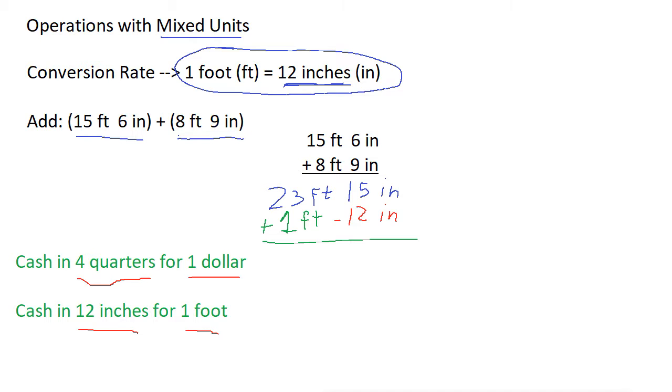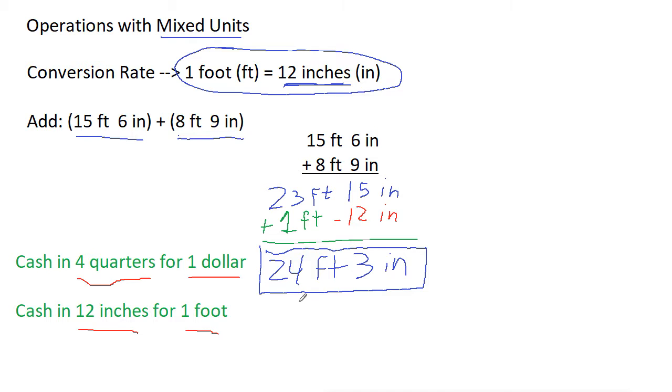So that 15 inches, cashing in 12 inches, leaves me down to 3 inches. But I get an extra foot. So I had 23 feet, and now I add a foot, and now I'm up to 24 feet. This is my final answer here. When I add these 2 measurements, I get 24 feet 3 inches. 3 inches is not enough to get another foot, so I'd be done there.